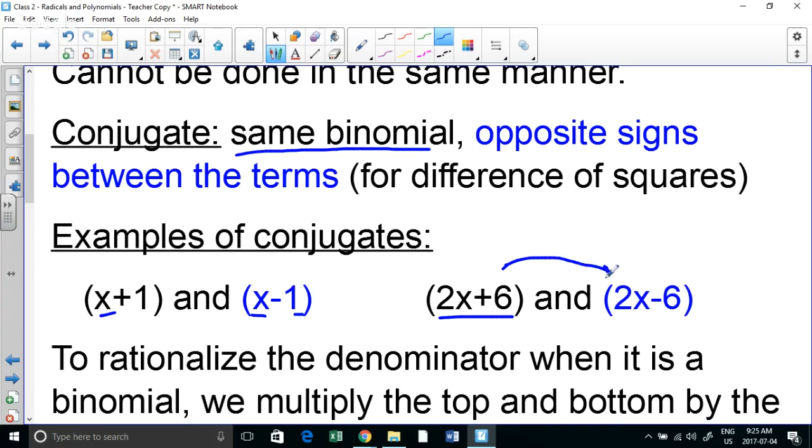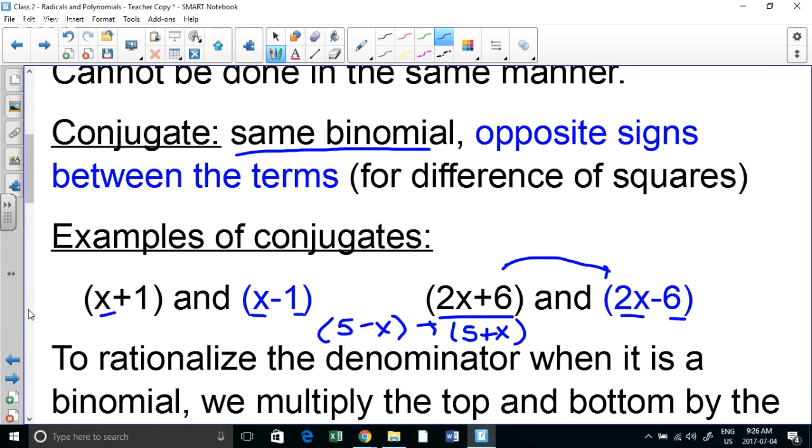The conjugate of that is you still have this 2x, 6, but you have a minus. 5 minus x. The conjugate of that, you'd still have the 5, you still have the x, you have a plus. These are conjugates.